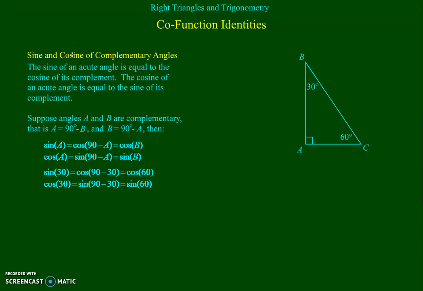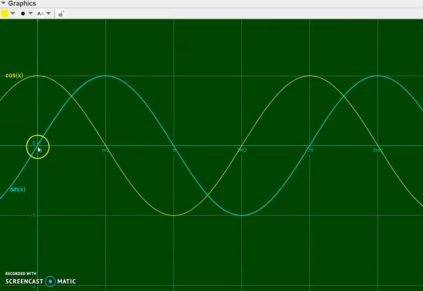Let me exemplify that graphically. Here I have the graph of sine. This is the sine function. If you were to graph that on your calculator, that's what it would look like. The cosine function is this function here. And the difference between them is they are shifted 90 degrees apart. This pi over 2 indicates 90 degrees.